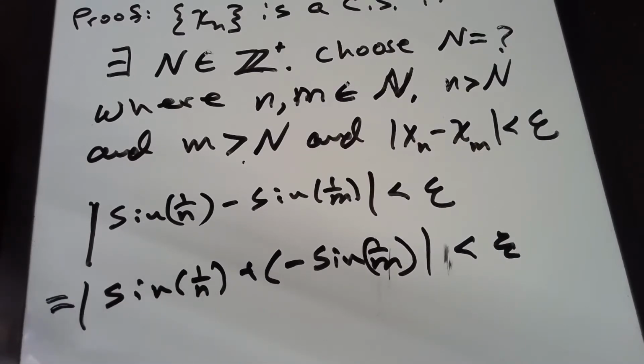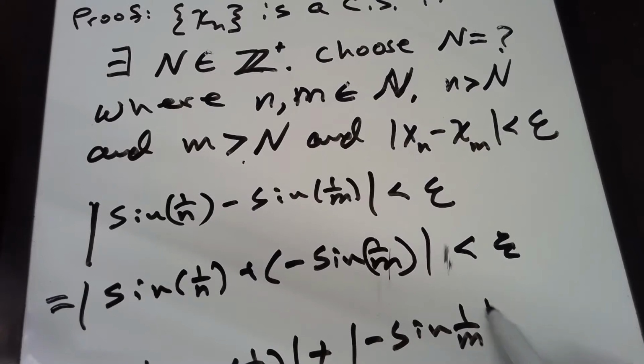We can say that this is less than, when we split it, the absolute value of sine 1 over n plus the absolute value of negative sine 1 over m.